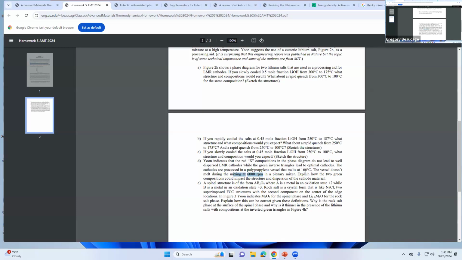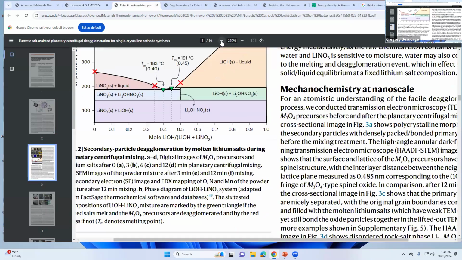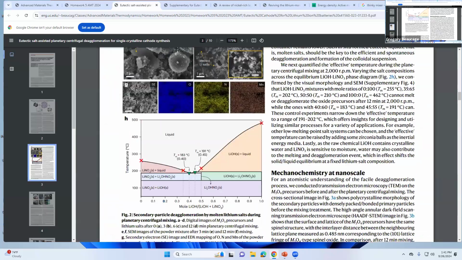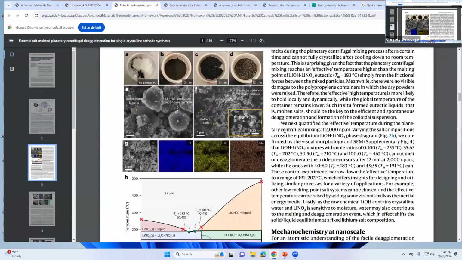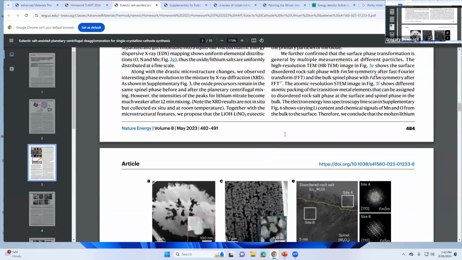So if you look, I got this page 484 of this thing. Let me go back. We got a couple minutes. 484, second column, second paragraph.